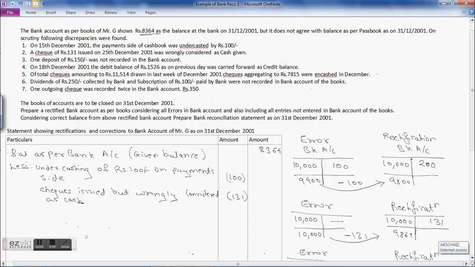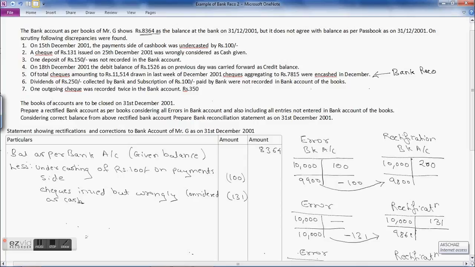So there is no error in the cash book or bank account as per books for this entry. This will go as a reconciliation item in your bank reconciliation statement. Since there is no error, we need not rectify the balance in our bank account.